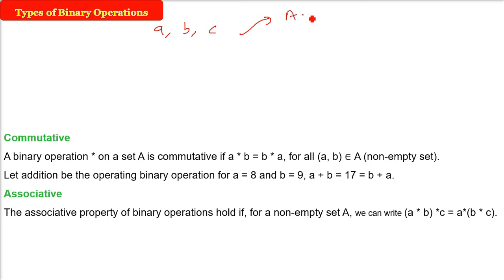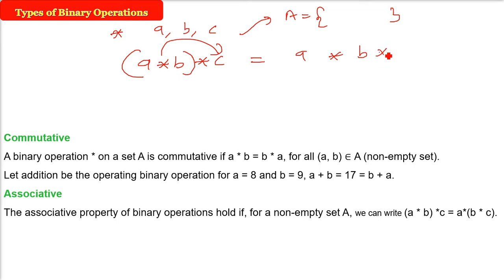Then we are taking a set A, capital A, and from this we are picking up three values, say small a, b and c. And star is an operation. So (a star b) star c: we have to take a star b first and the result has to be operated with c. The result should be equal to a star (b star c). That is, here first we will operate b and c and then the result will be operated with a.